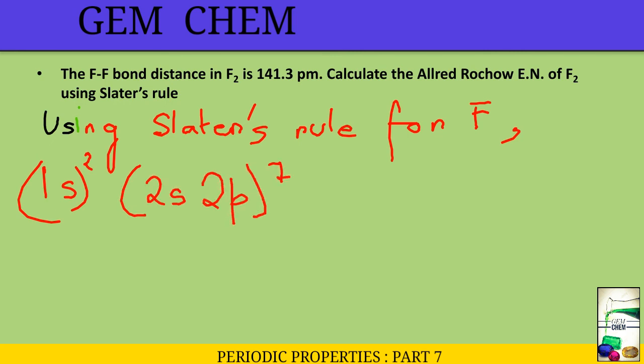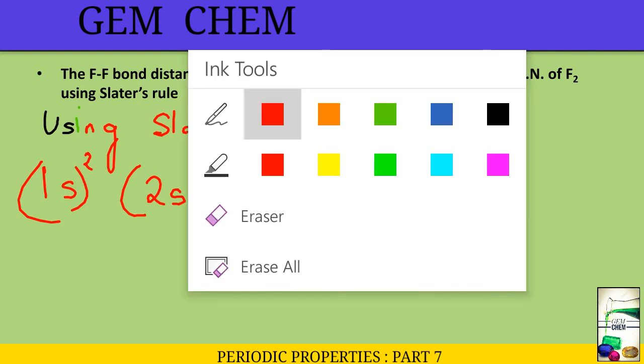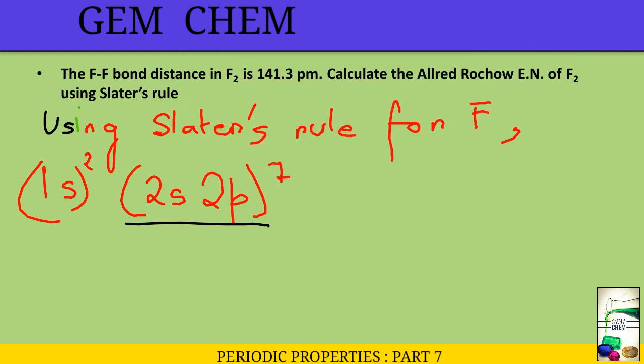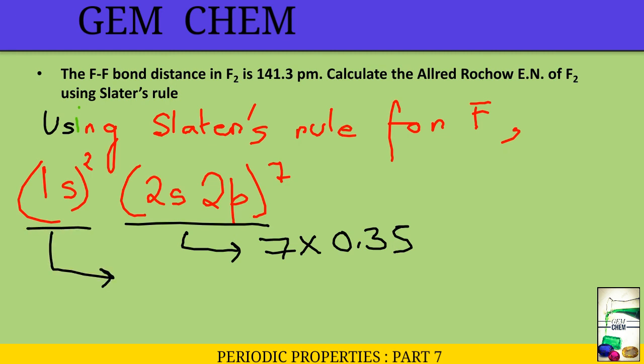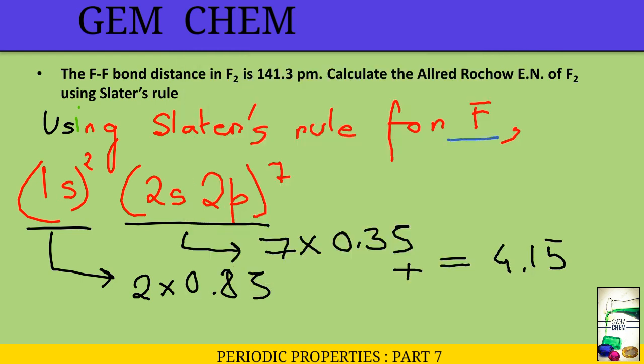Okay. Now contribution. Let us write about the contribution. From here the contribution comes to be 7 into 0.35. We are taking the total contribution, no electron specifically, and for this it is 2 into 0.85, and the total comes to be 4.15. And we know for fluorine it is actually 9.